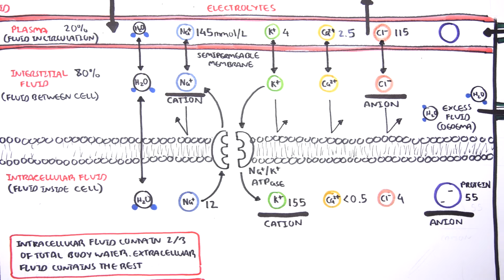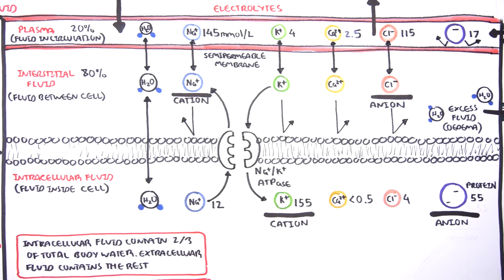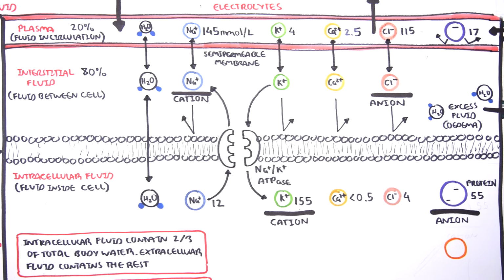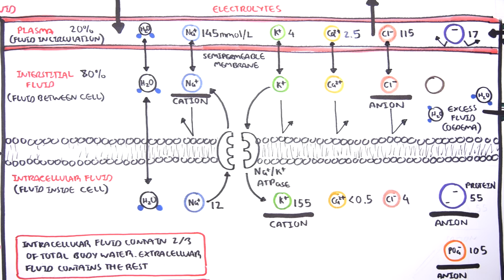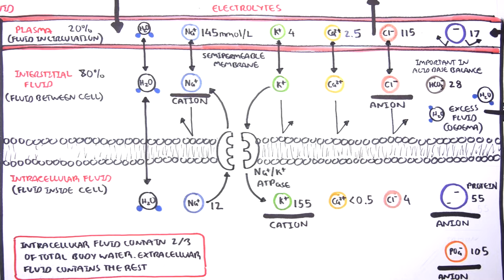Proteins are also found in the plasma, but not in the interstitial fluid. The main protein found in plasma is albumin, and albumin helps maintain the osmotic gradient, helps keep water in the blood vessels. Phosphorus in the phosphate form is the main anion in the intracellular fluid. Other important negatively charged ions are bicarbonate, which is very important in acid-base balance.